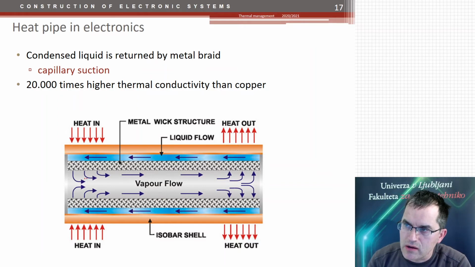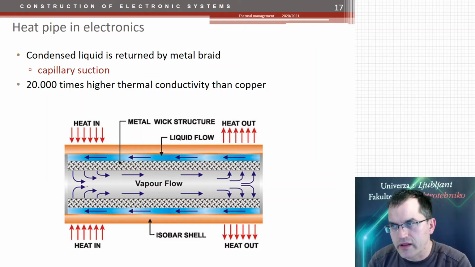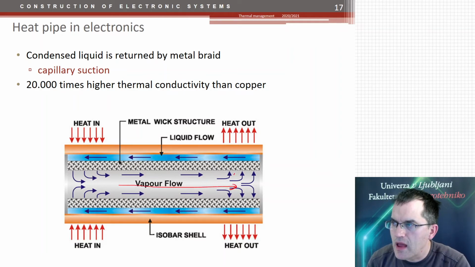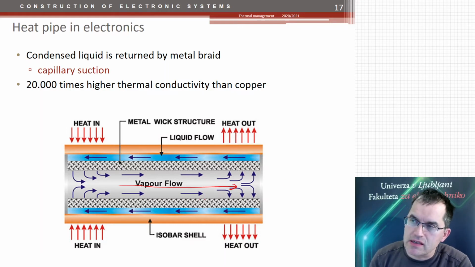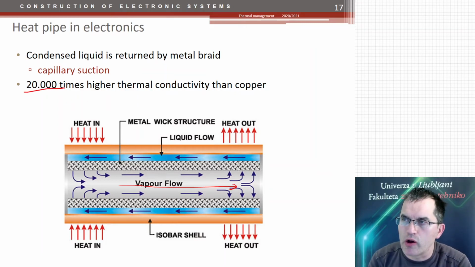So here the liquid boils, and of course the pressure then presses it to this side, and here it condenses because you have some big cooling fans, and then this metal braid is sucking the liquid back to this hot part here. And such a heat pipe has really the best conduction you can get.